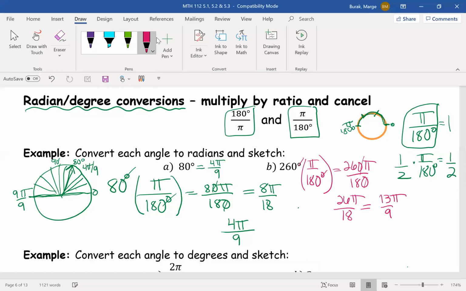And we'll do the proof. So again, we have 9 pi over 9, that's from 0 all the way. So 13 pi over 9 is going to be 10, 11, 12, somewhere down here. And 260 degrees is somewhere right here, because 270 is straight down. So that checks.